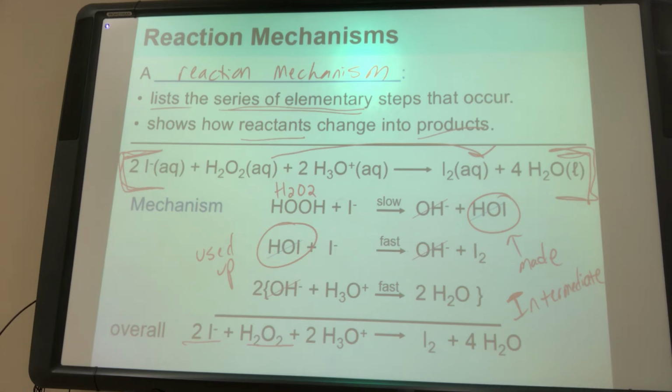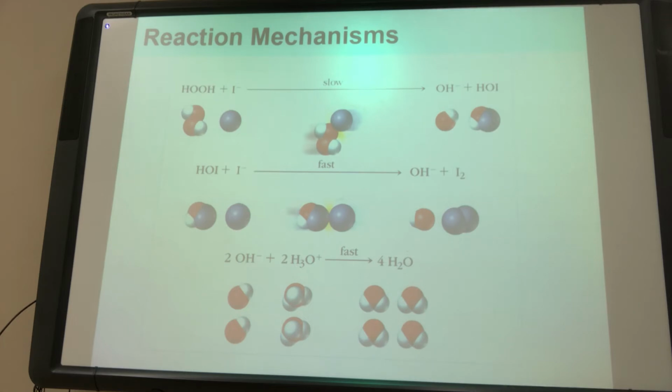All right, so let's look at this. Also, you'll notice that there's slow steps and fast steps. So that's going to be important in 2 slides when we talk about what that means from an overall standpoint. Why is it slow? Why is it fast? What does that mean? All right, so this is just showing you what's happening. So remember, this guy and this guy are going to collide, make a transition state.